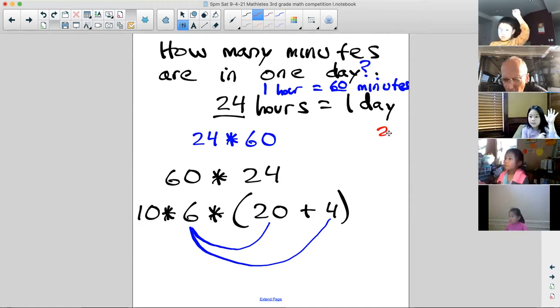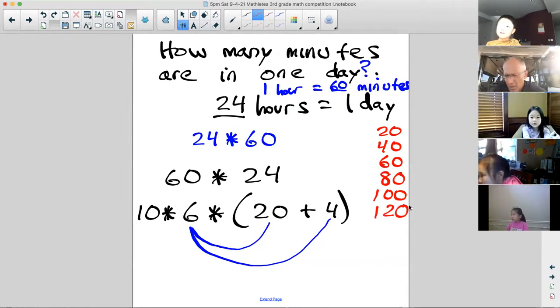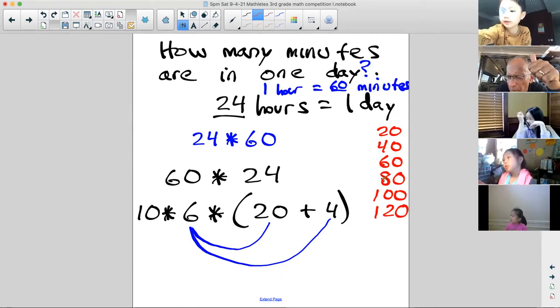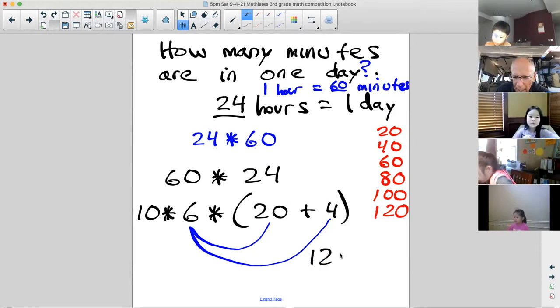Go. 20, 40, 60, 80, 120. Okay, stop right there. 6 of them. Let's count. 1, 2, 3, 4, 5, 6. Therefore, we now can write down the number 120, but then we have to add that to 6 times 4.